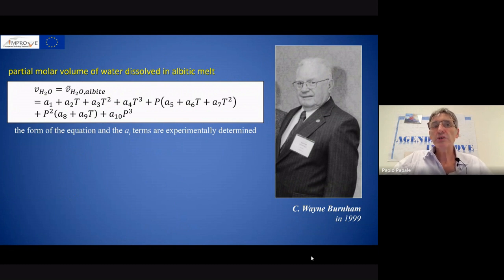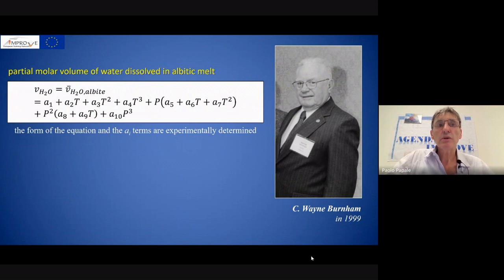Through that large work, Burnham was able to determine a pressure-temperature dependent expression for the partial molar volume of water dissolved in albite melts that you see in the slide. Well, that's perfect for us. We are looking for a pressure-temperature dependent hypothetical state of pure dissolved water.